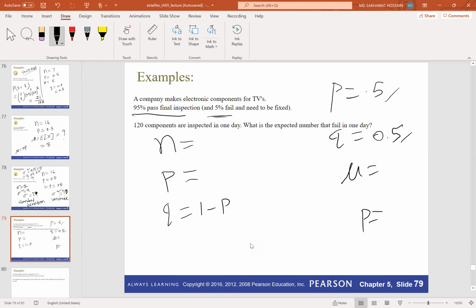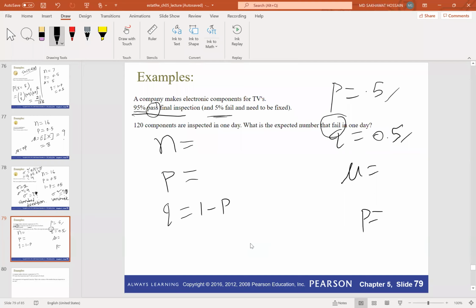So here, what is the expected number that fail in one day? We are interested in how many components failed the inspection. So here the success is the fail. Success is not the pass. Some of you might think, okay, 95% passed, so pass means success.